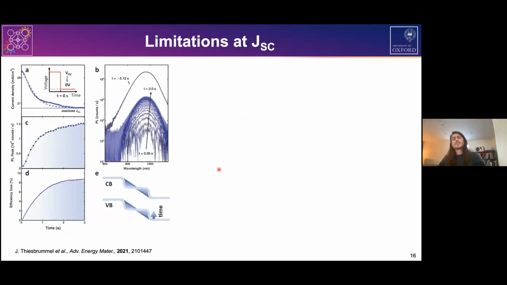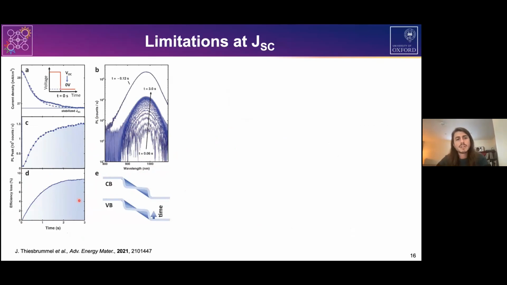Now, in terms of JSC losses, here we refer to a recent publication by Jarla. I think she presented these things in this very same series a couple of months ago. So some of you might already be familiar with the work. Here they investigated especially lead-tin perovskite, and they essentially monitored the evolution of the JSC over time in the first few seconds.